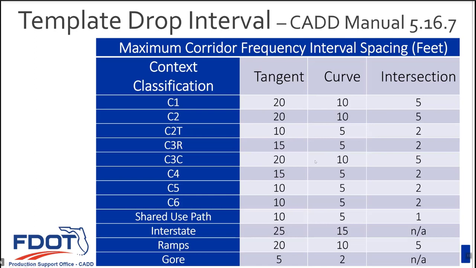If you're using the final feature definition, it will do that. It will automatically say, okay, there's a curve on the alignment, so let me add more template drops. It calls it densify curves, densify horizontal, and you can even densify for vertical curves and other key points like that.